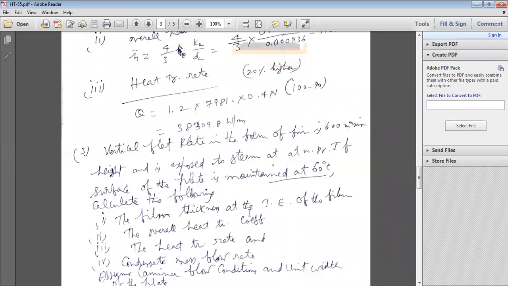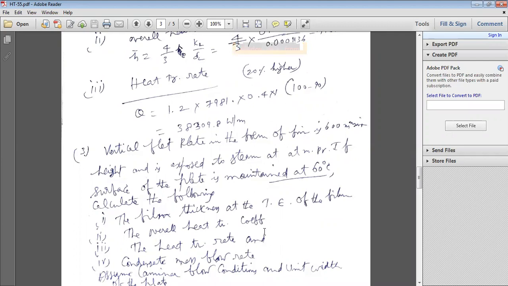So what do you have to calculate? The film thickness at the trailing edge of the film. That is, you have to calculate the film thickness, meaning boundary thickness delta, at the trailing edge of the film, at x is equal to L. At the top is the leading edge, at the bottom is the trailing edge. Then the overall heat transfer coefficient, H bar.